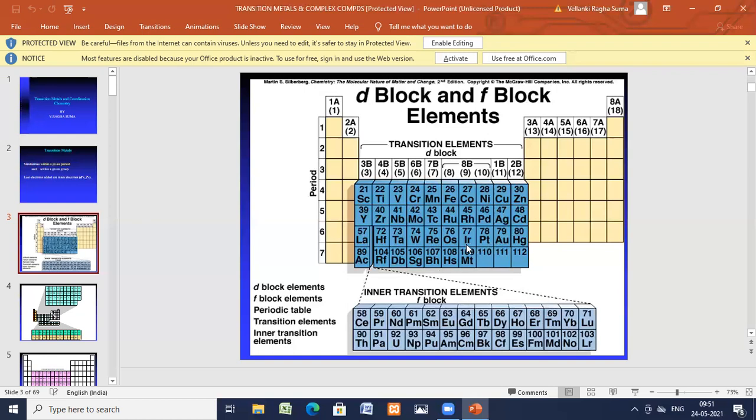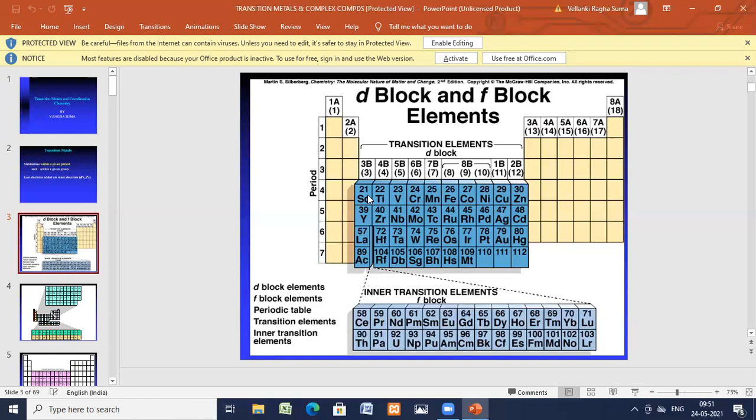For alloys, different sized atoms interact with the orderly arrangement of the atoms. Transition elements have certain characteristic properties which can be discussed. They form compounds with a wide variety of oxidation states. In the next slide, we'll discuss it.